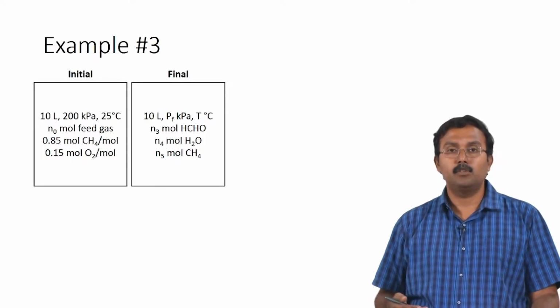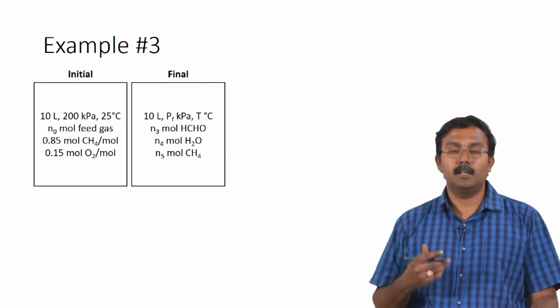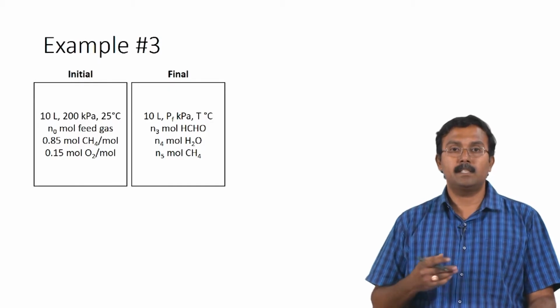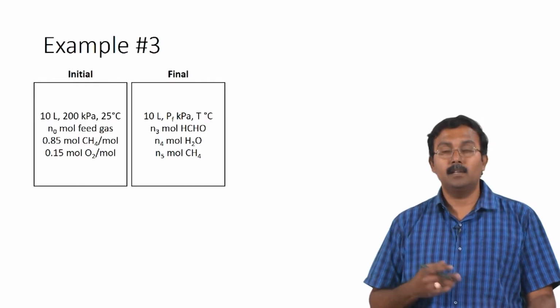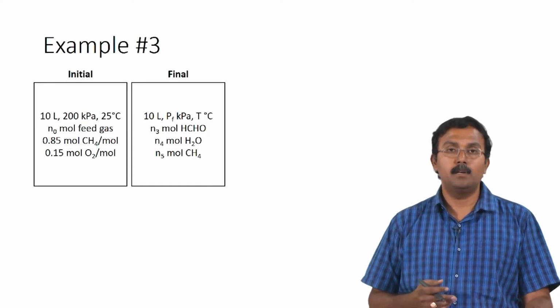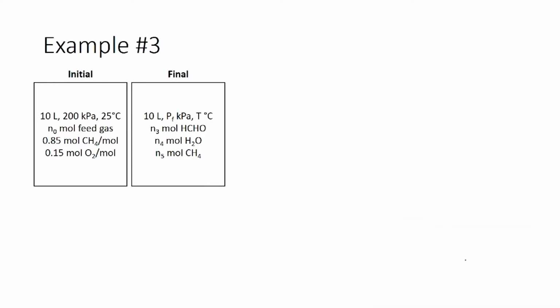We cannot randomly assume a basis; we need to identify the number of moles present in the initial condition. We have been given the temperature, pressure and the volume. So, if we assume ideal gas behavior, we would be able to calculate the number of moles present in the initial condition. That is what we are going to do. So, the basis would actually be N naught moles in the initial condition.